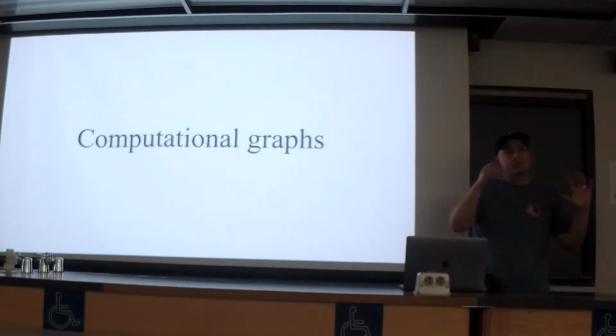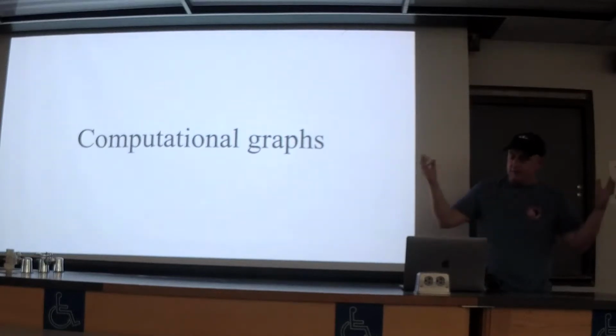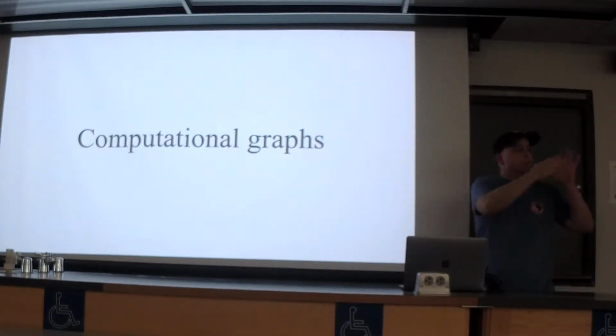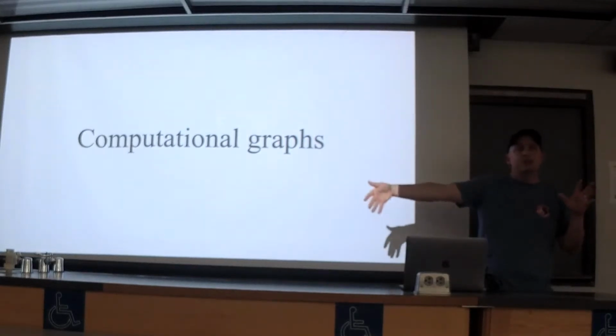So now we're going to move from this basic understanding of what we're trying to do. We're going to be doing gradient descent, stochastic gradient descent, to optimize our models. And the models are what we're going to think of as our computational graphs. They're going to be flows from input, compute, to output.